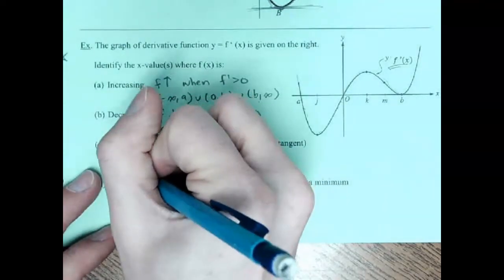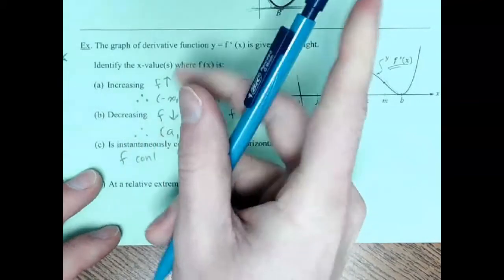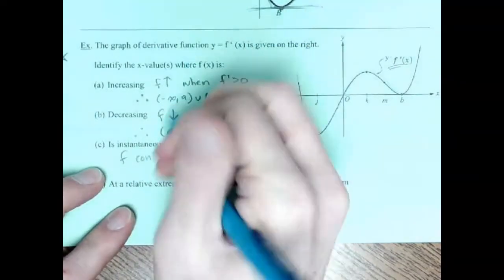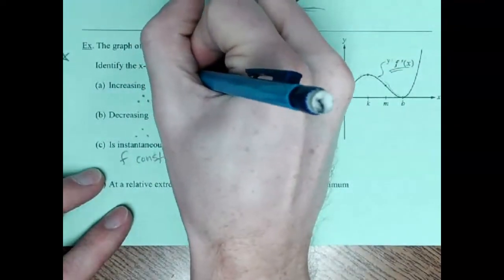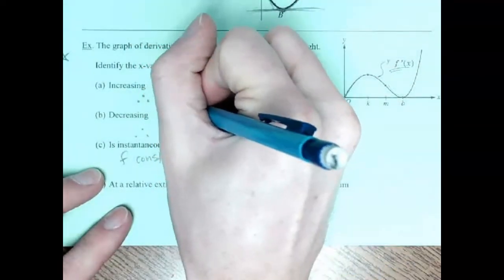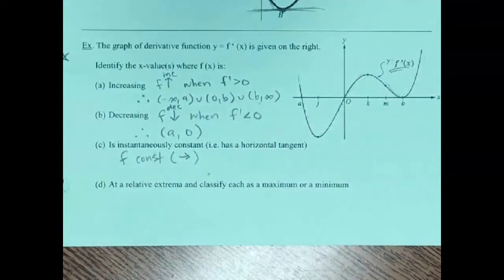F is going to be constant. By the way, you could write INC for increasing, or you could do DEC for decreasing. A lot of the times I'll just do the up arrow or the down arrow because I'm lazy, but that's okay. But here, increasing is when the derivative is positive, decreasing is when the derivative is negative.